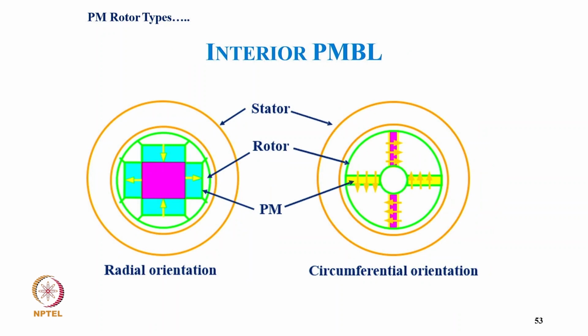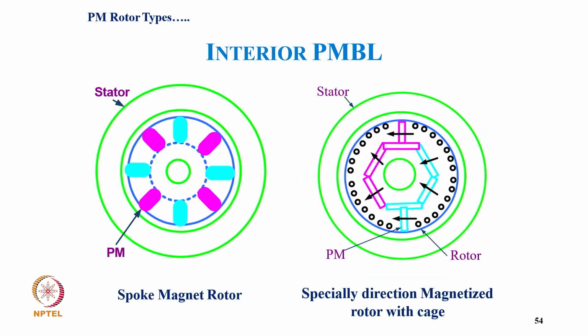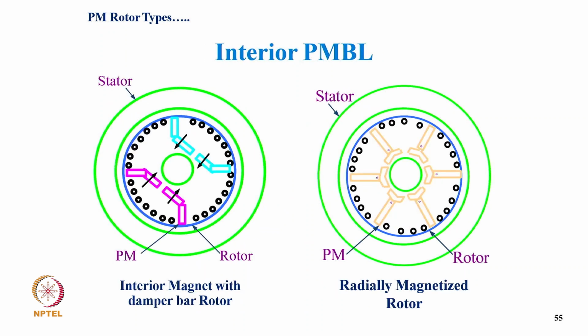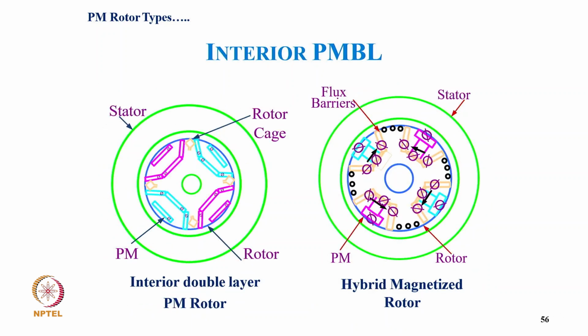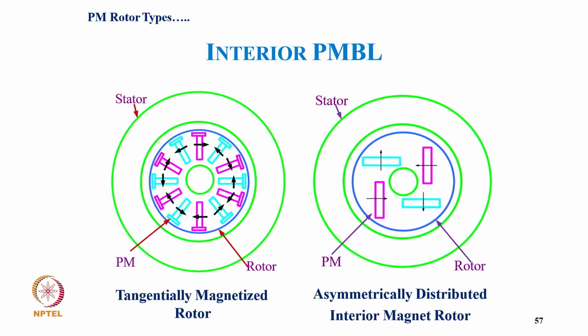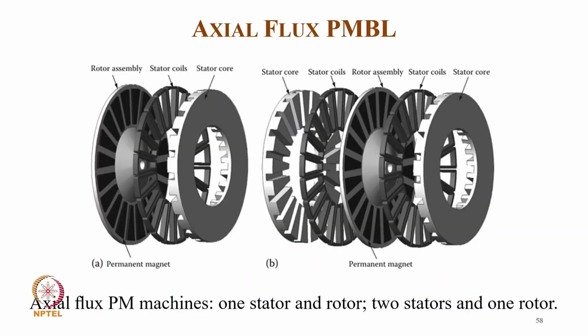You can see here radial orientation, then circumferential orientation, then the spoke kind of magnet, specially directed magnetized rotor, cage with cage, then the interior magnet with damper bar, then radially magnetized rotor, then interior double layer PM rotor, then hybrid magnetized rotor, then tangentially magnetized rotor, symmetrically distributed interior magnet rotor.